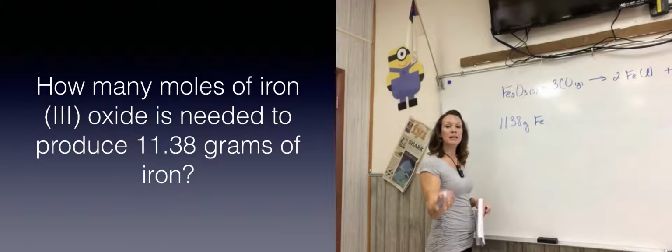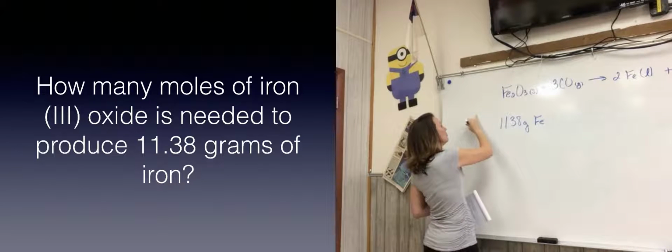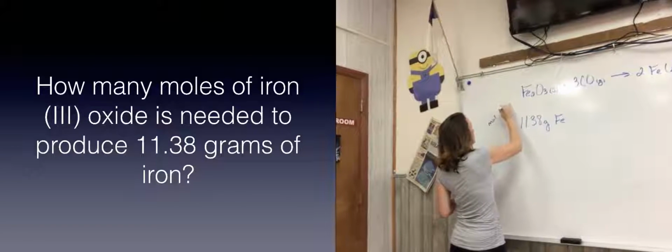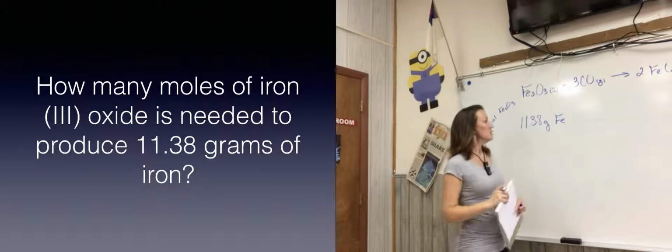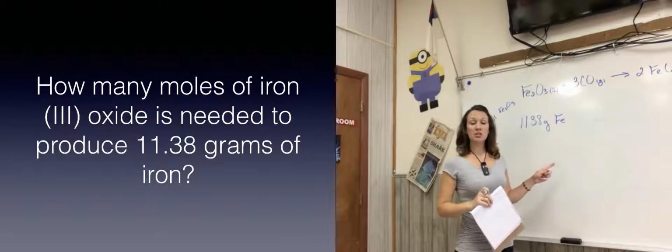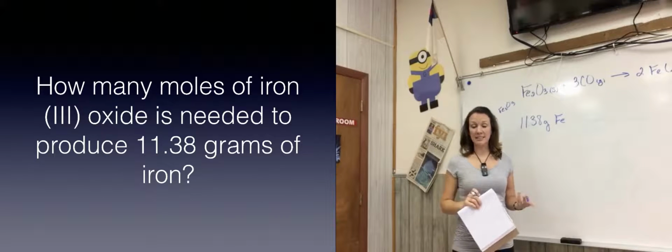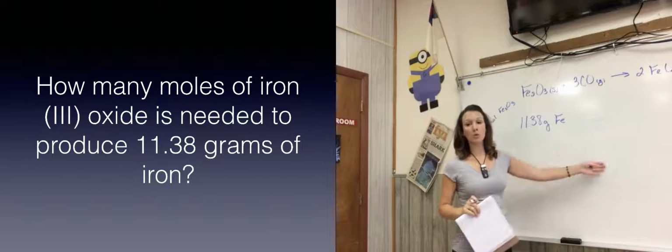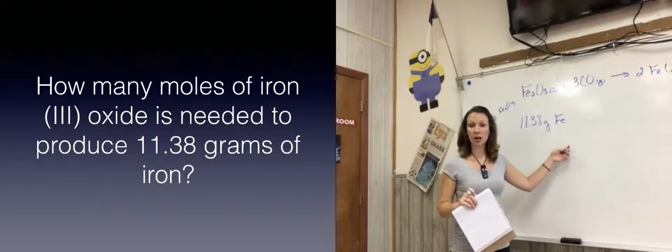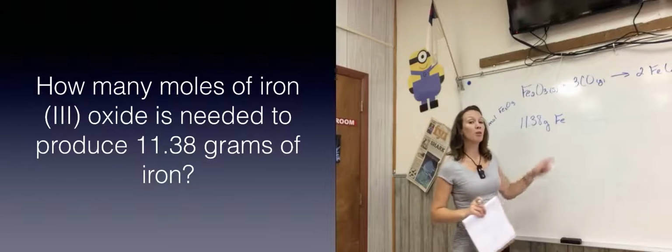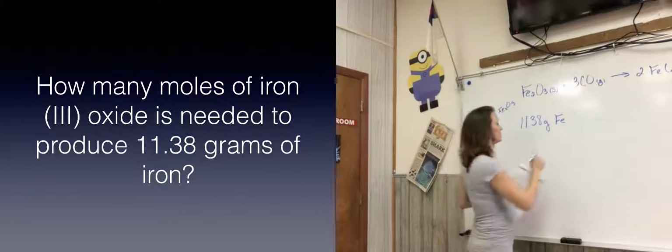Now what we want from here is our destination, which is moles of iron(III) oxide. So our first step, we're going to have to use our molar mass. Anytime you're going from grams to moles, you're always going to start out with your molar mass of your starting compound. So we're going to figure out what our molar mass is of iron.